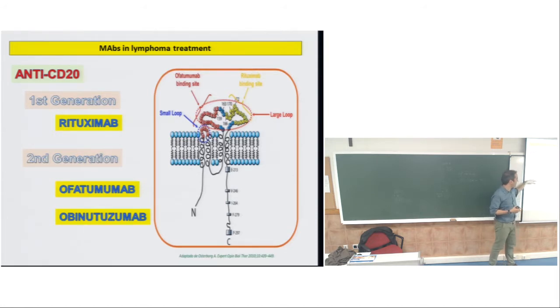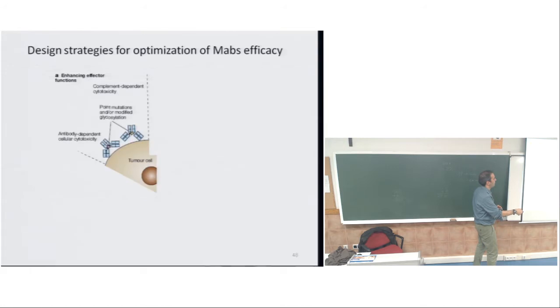But there's now a second generation of mAbs, like ofatumumab, and as you can see, it's also an anti-CD20, but the target region is another part of the CD20 molecule. It's not the rituximab one, but another binding site. So it could be useful in case of resistance to rituximab.